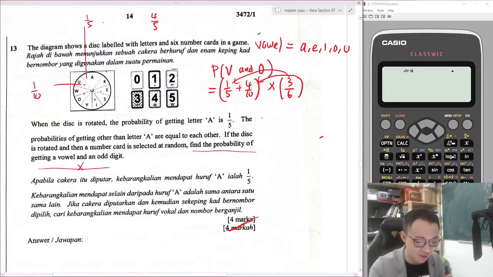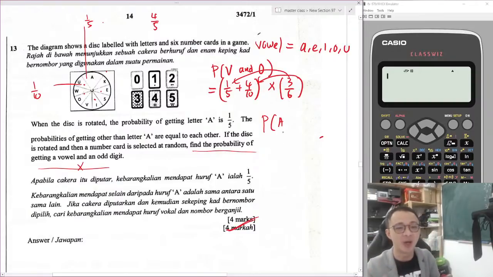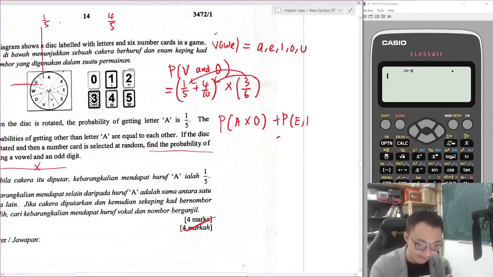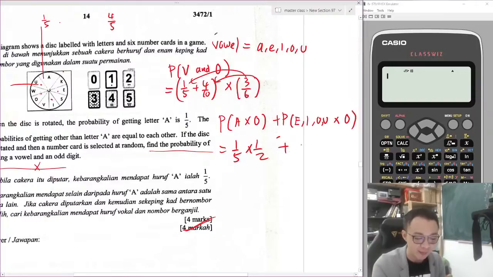So therefore, I will just do the probability for A, because A is the only one with probability 1/5, multiply with the odd number, and then plus the probability of the rest of them, which is E, I, O, U, and then multiply with the odd number. So it's 1/5 times 1/2 plus 4/10 times 1/2.